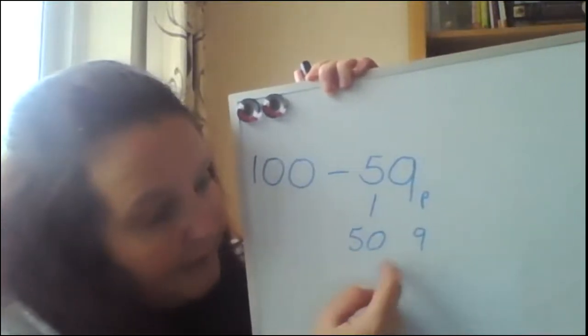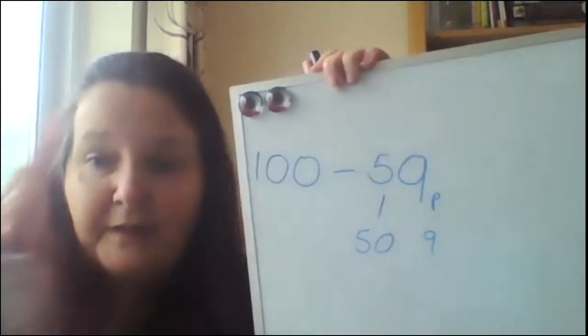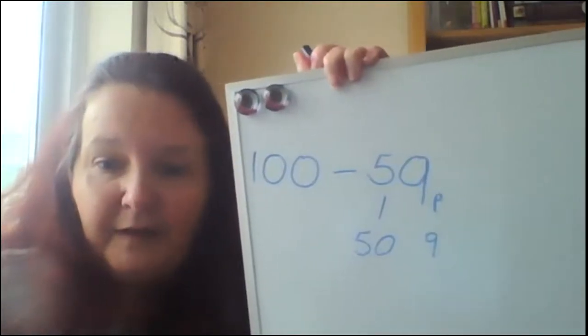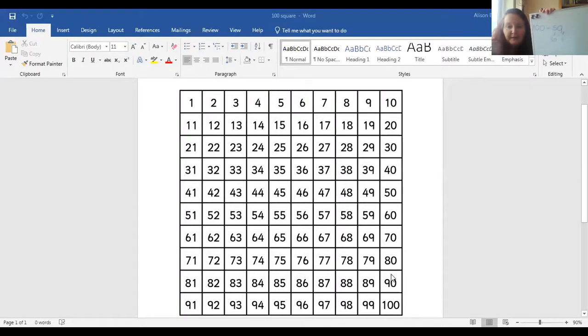So if I pop my 100 square back up, here's my 100 at the bottom. 10, 20, 30, 40, 50, and then 9 more. 1, 2, 3, 4, 5, 6, 7, 8, 9. My answer is 41.